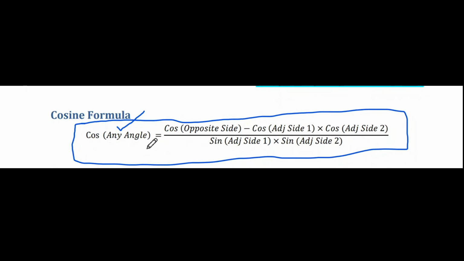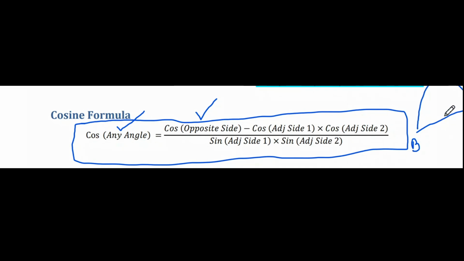Cos of any angle of the spherical triangle is equal to cos of the opposite side. You see, in any spherical triangle, if we consider any angle, let me make a small triangle here. So let's call it ABC.